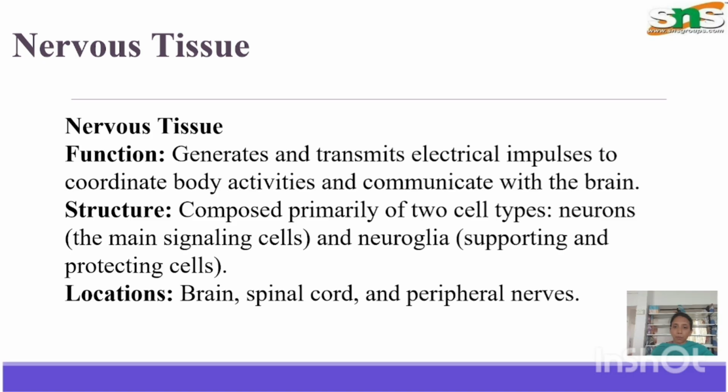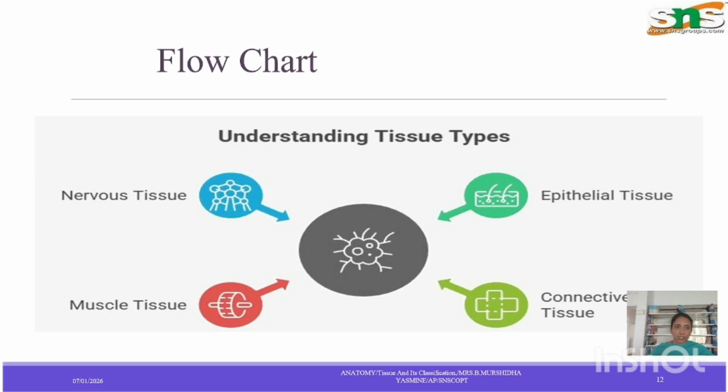Structure: it is composed primarily of two cell types, neurons, the main signaling cells, and neuroglia, the supporting and protecting cells. The locations of nervous tissue are, as I said, the brain, the spinal cord, and all the peripheral nerves in our human body.